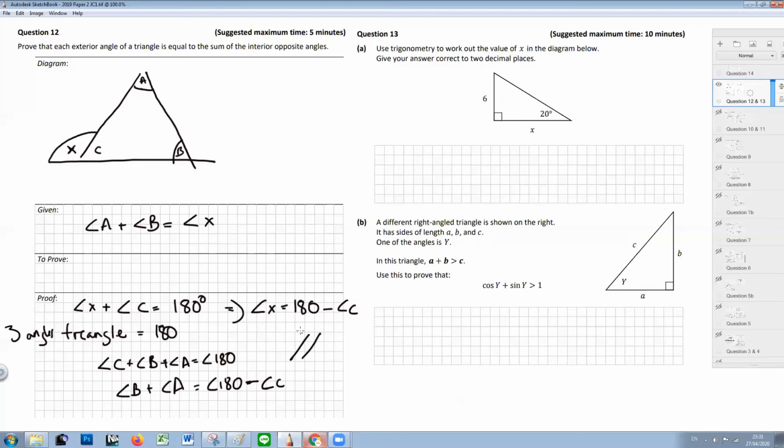So your RHS is equal to your left-hand side, and that is true. So you're done.